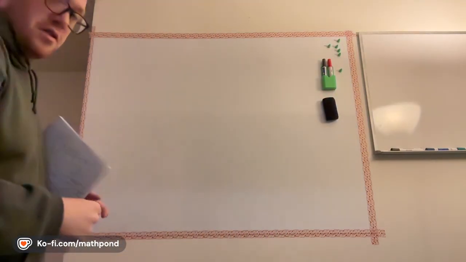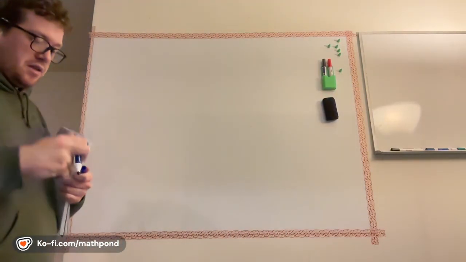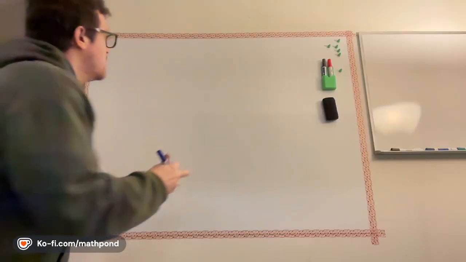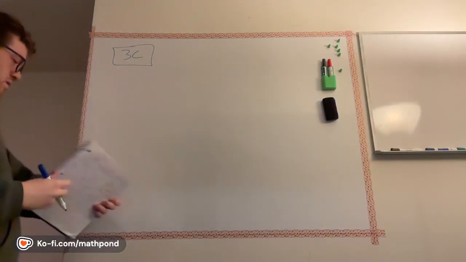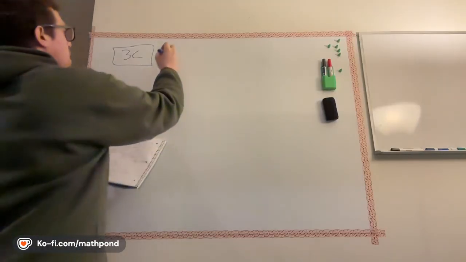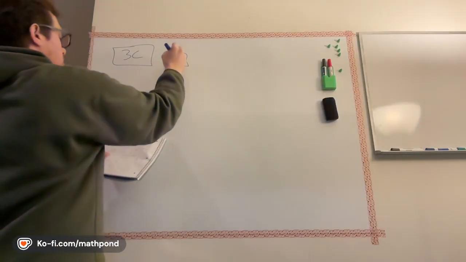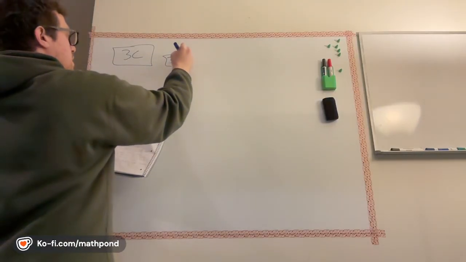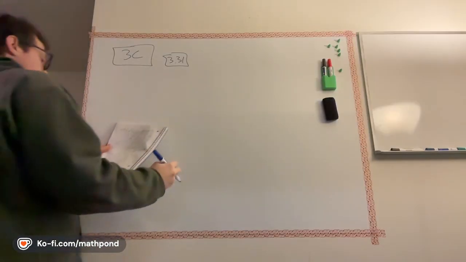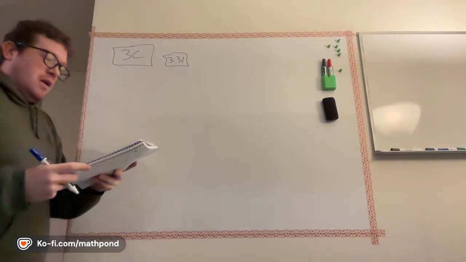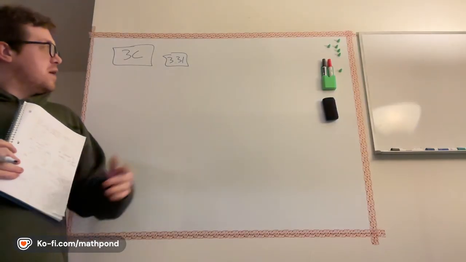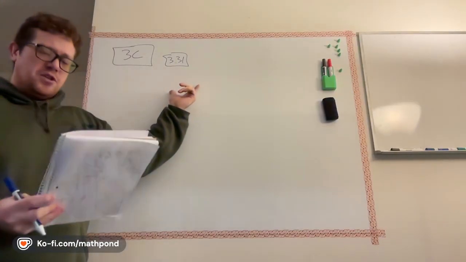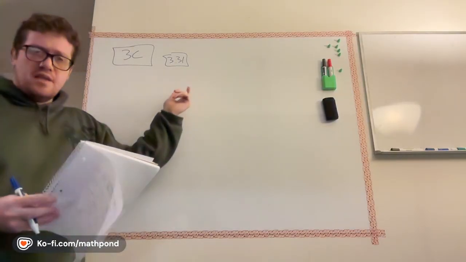Okay, so this is section 3C, Axler still, and this is 3.31. The thing I'm about to write, I'm not sure if this is a definition. Yeah, I guess it's a definition.